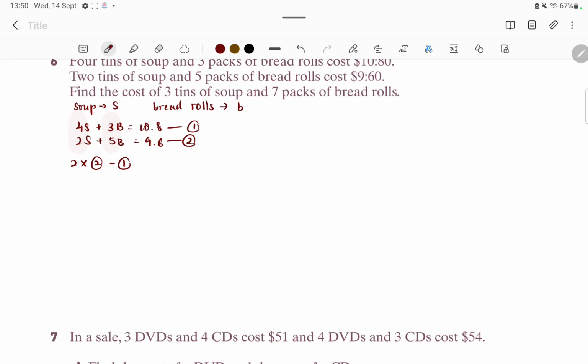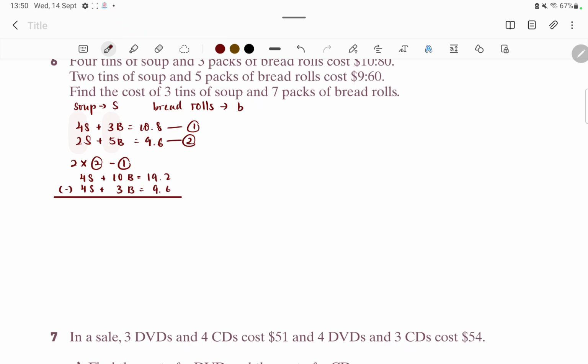So you should get 4s plus 10b equals 19.2 if we times 2. And then you minus the first equation, 4s plus 3b equals 9.6.